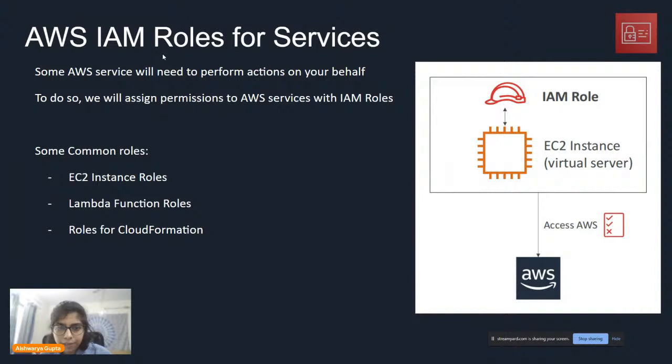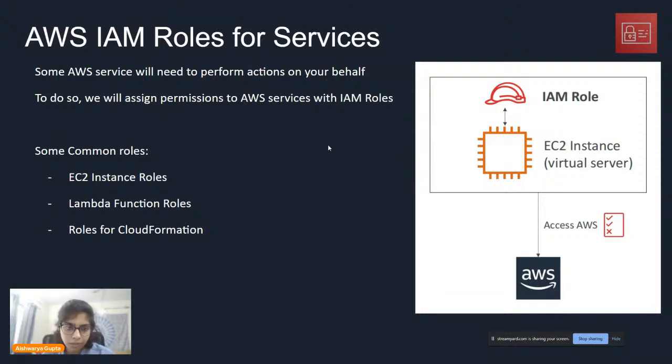Now we come to IAM roles. I've already discussed earlier, right, what an IAM role is. It is an entity that defines a set of permissions for an AWS service to perform some actions on your behalf. For example, the most common type of IAM role is an EC2 role.